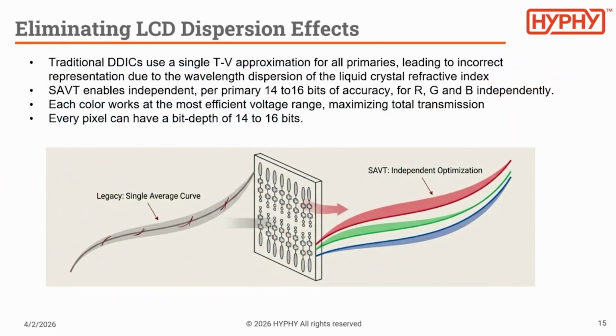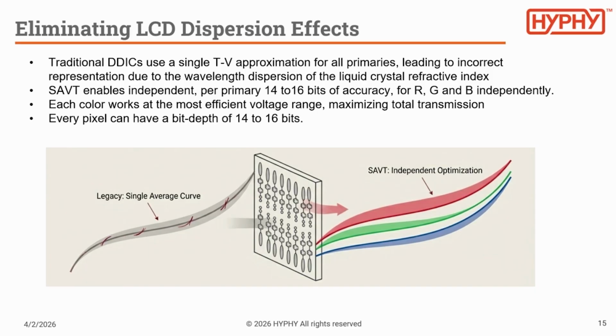The reason why this is important, among other things, and there are 2 slides to try to explain this, is that in the traditional way, the display driver has the D to A conversion and the conversion to the transmission voltage curve of the display in a single position, and it doesn't care and it doesn't know whether a column is red or green or blue. But there is a difference between a red and a green and a blue pixel.